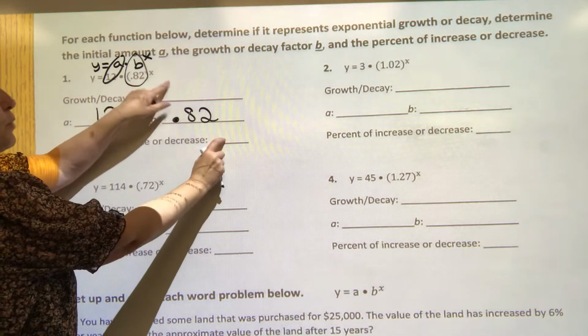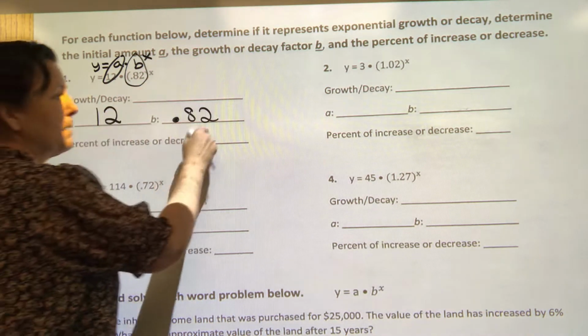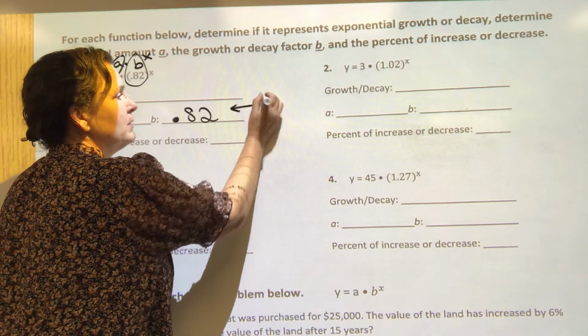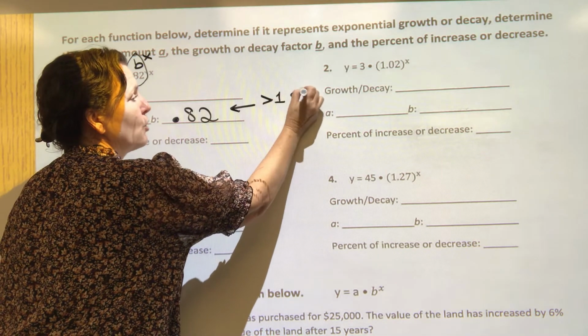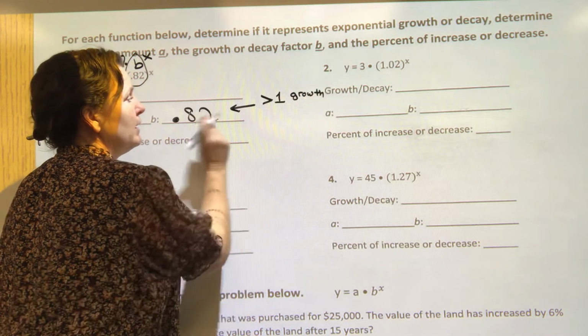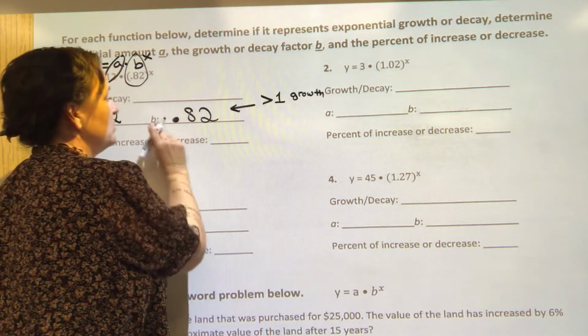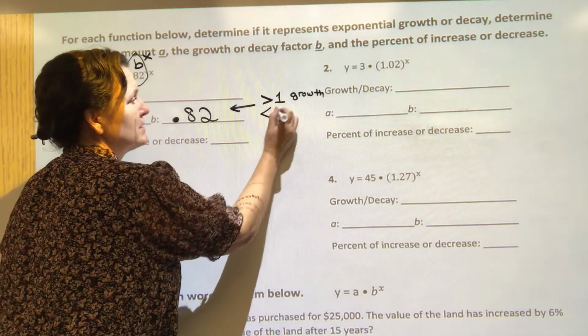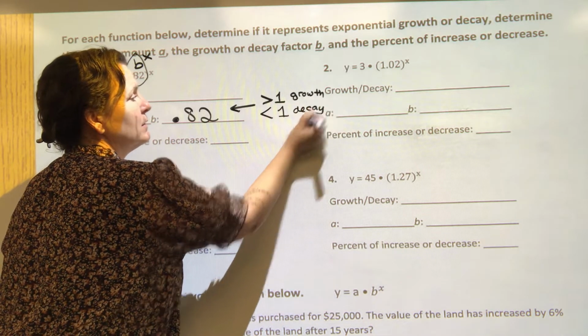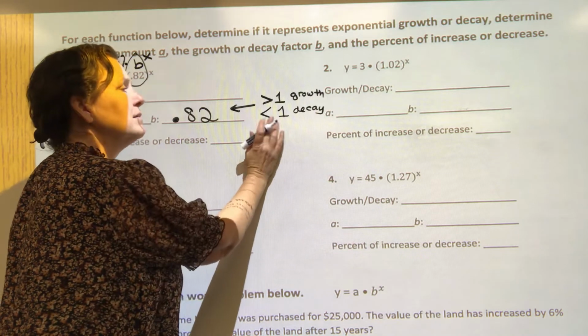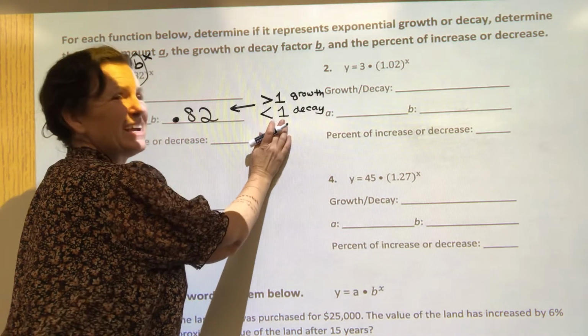Now we have 2 more questions to answer. Remember, if this number is bigger than 1, we know it's growth. If this B value is less than 1, we know it's decay. And by the way, it not only has to be less than 1, it has to be bigger than 0.